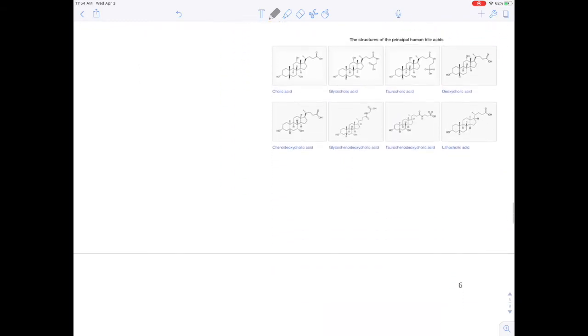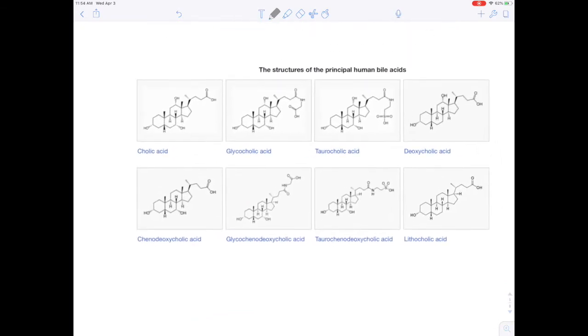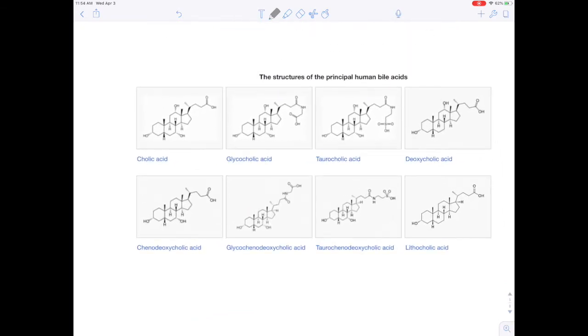So these bile salts all have that steroid ring structure. And so that ring structure is nonpolar.